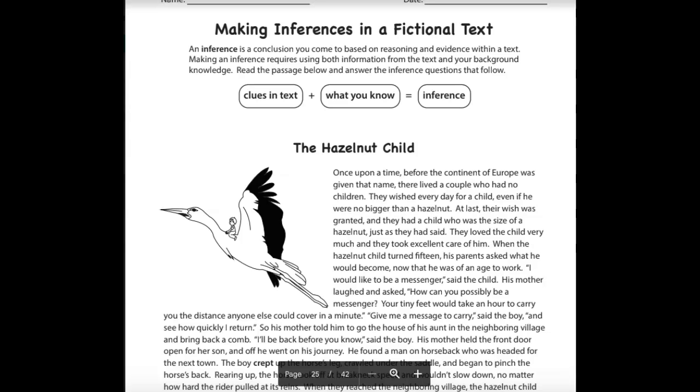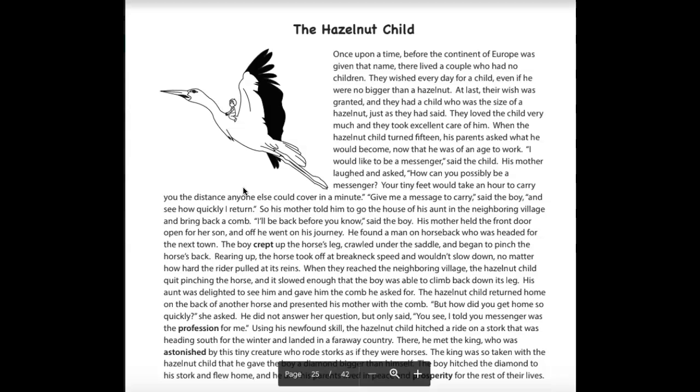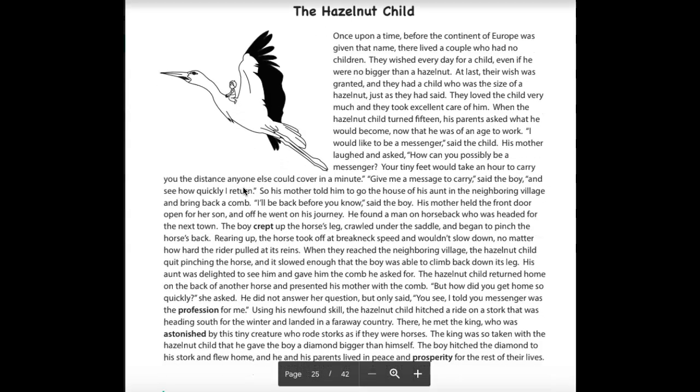All right, so this is called the Hazelnut Child. Once upon a time, before the continent of Europe was given that name, there lived a couple who had no children. They wished every day for a child, even if he were no bigger than a hazelnut. At last their wish was granted, and they had a child who was the size of a hazelnut, just as they had said.